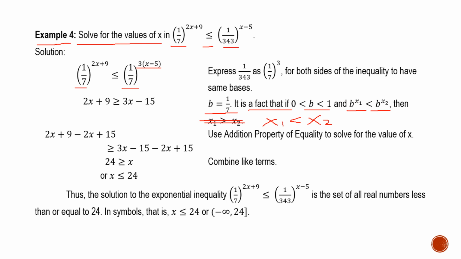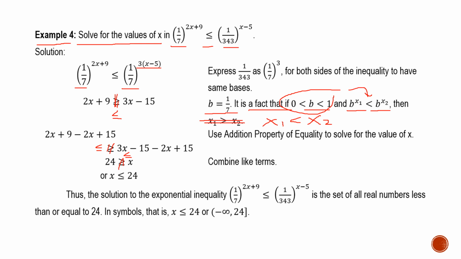So if we satisfy this given condition, we can conclude that b raised to x sub 1 is less than b raised to x sub 2, then x sub 1 is less than x sub 2. There is a typographical error here, so that will be less than or equal to. It's the same thing here, so we need to correct it first: less than or equal to.